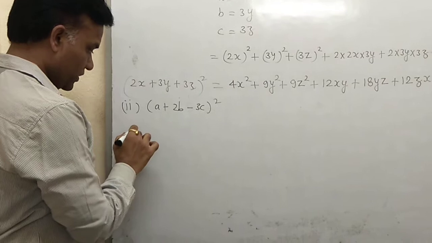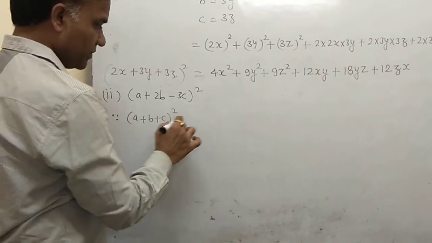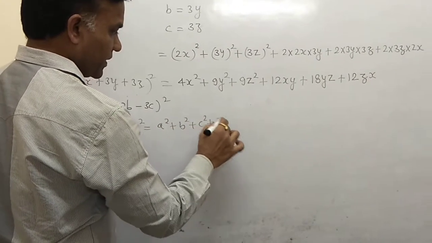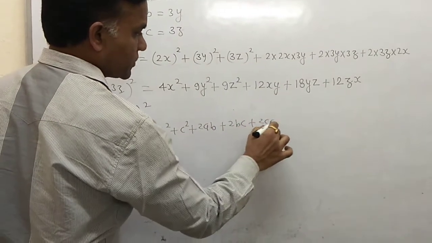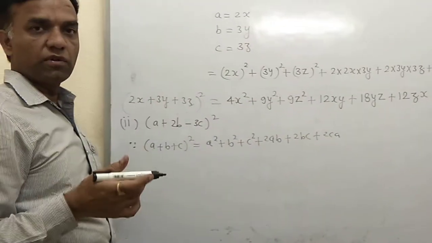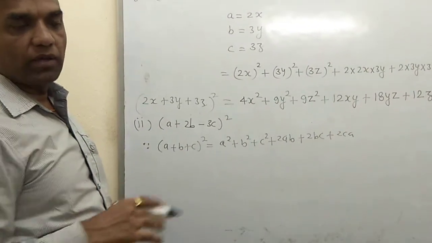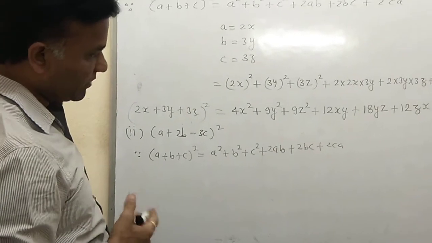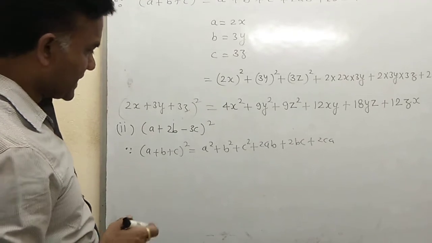Okay, so use the identity again, the same: (a + b + c) whole square, which is a square plus b square plus c square, plus 2ab plus 2bc plus 2ca. Okay, so however many questions you repeat, each and every time you write the formula, you write the identity, for learning, because if you write it down every time, remembering is very easy.